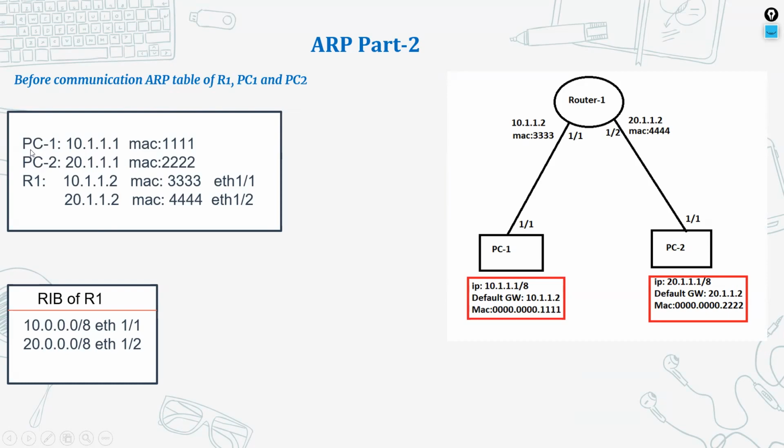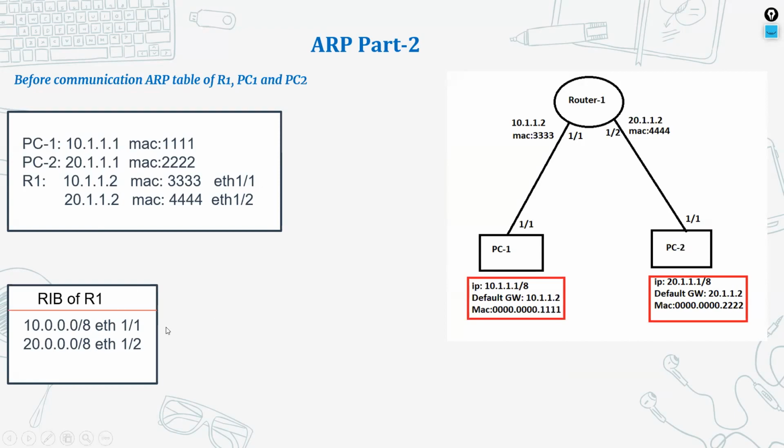So you can see here the PC1 ARP table, which is having the IP address and MAC of PC1 only. PC2 is having the IP address and MAC address of PC2 only. Router 1 knows about the IP and MAC of its own interfaces as of now, before any communication, right?